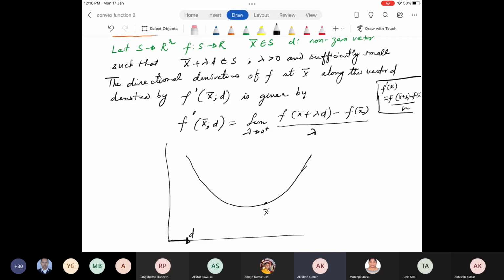How do I calculate it? Suppose this is my x bar. What exactly is this term trying to find? The slope. You agree? This is what it is trying to find, in the direction of d, this slope. So how does it become useful?